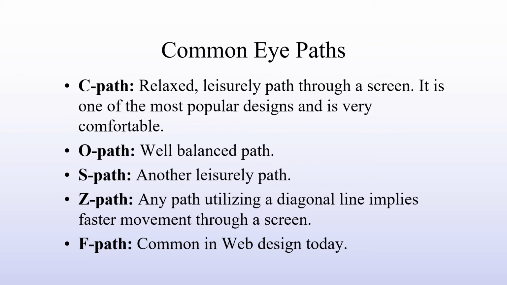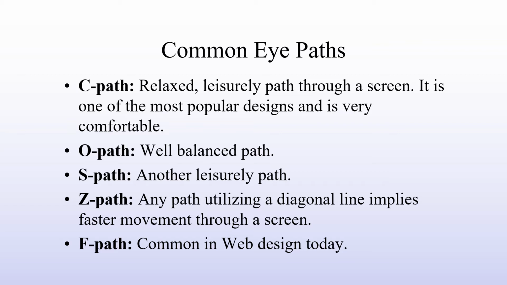An O path is well balanced, and it's comfortable. An S path is another leisurely path like the C path, just leisurely and comfortable for the user. A Z path, if you were to imagine a letter Z drawn on the screen, as opposed to an S or a C where it's a curve and it's smooth, a Z path moves more quickly.